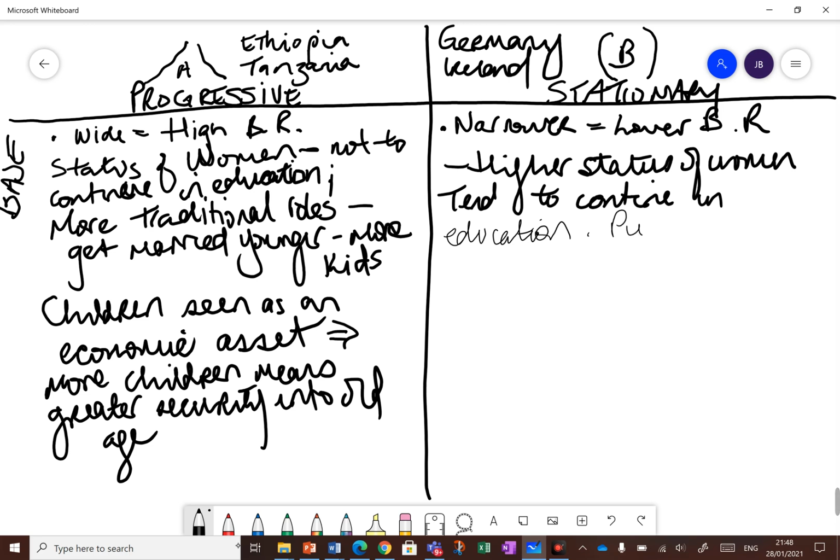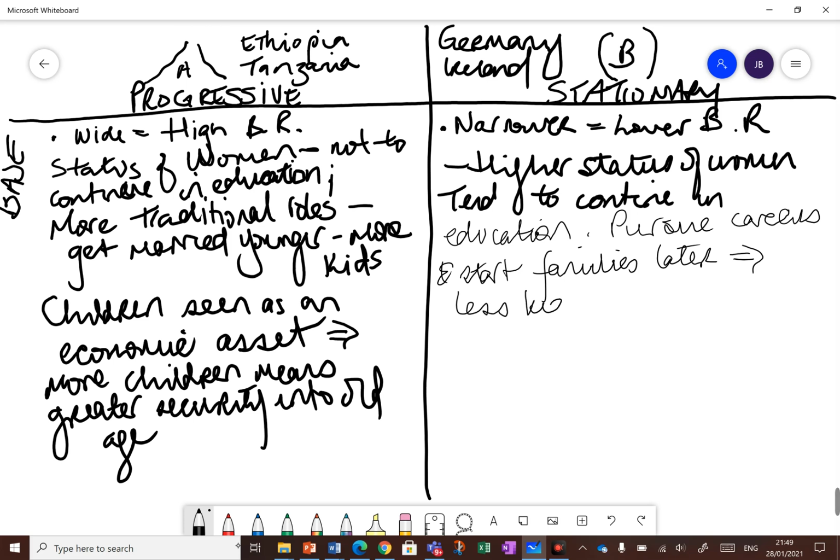Pursue careers and start families later. Therefore, less kids. Also, children seen as economic burdens.